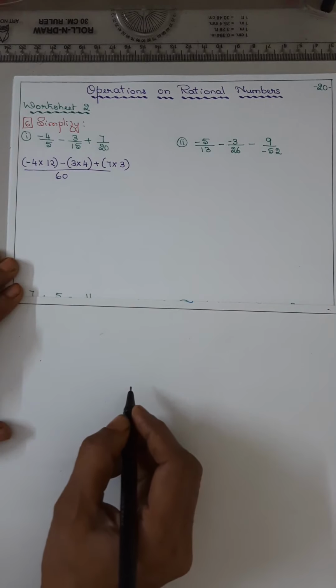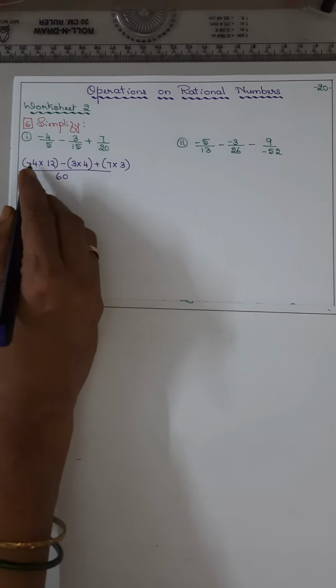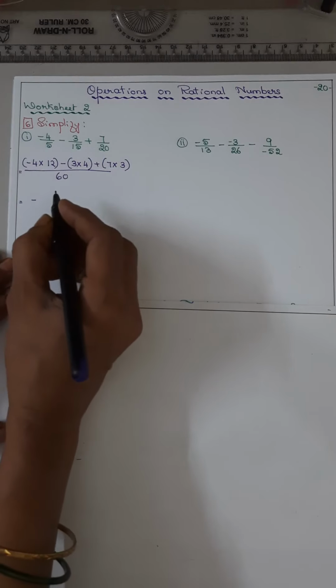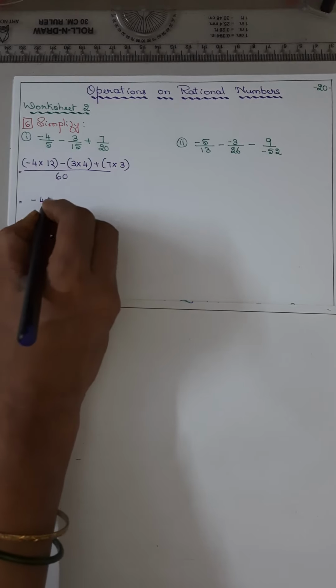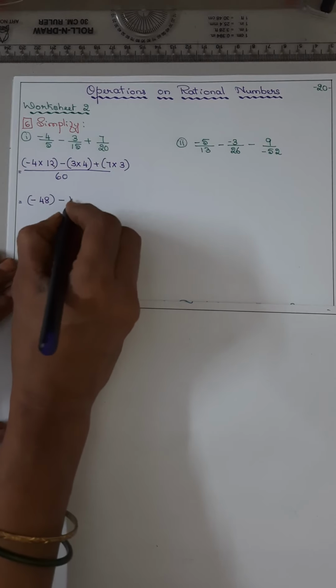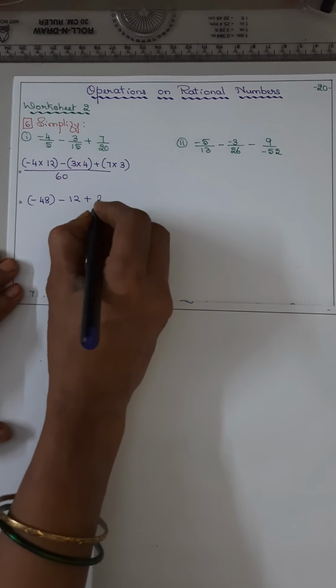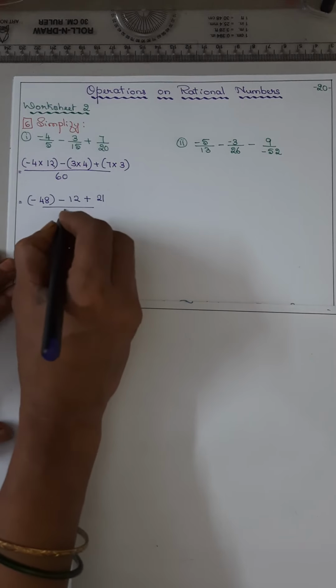Hope you are understanding. Next step is multiply. Minus plus minus 12 4s are 48. Now minus 3 4s are 12 plus 7 3s are 21 upon 60.